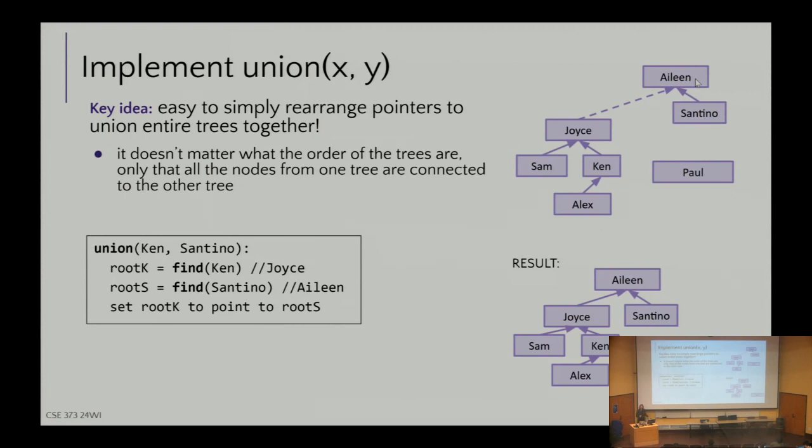And then I would just set one of these overall roots, either Joyce or Eileen, to point to the other one. And now we've got one big happy blob where everybody, in this case, I picked, points to Eileen. So that's how we're unioning things together. It does not matter where in the tree things are. It just matters that they're all connected in the same family tree. Any questions on that?